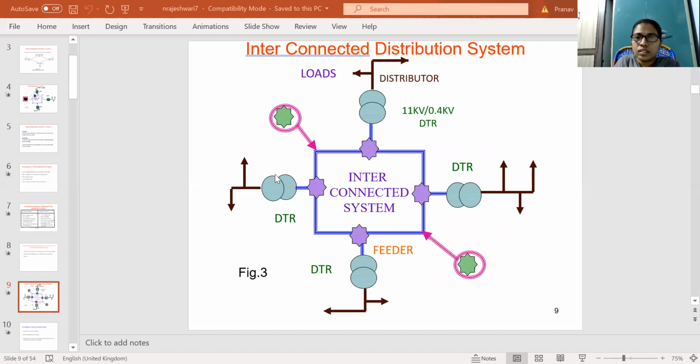These are the distribution transformers, and these are the loads connected to these transformers. These are the feeders. The total interconnected system block diagram is shown in this figure.